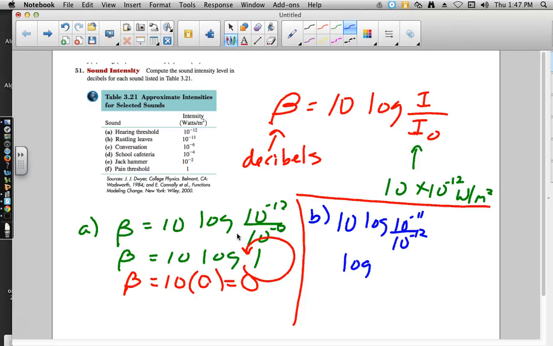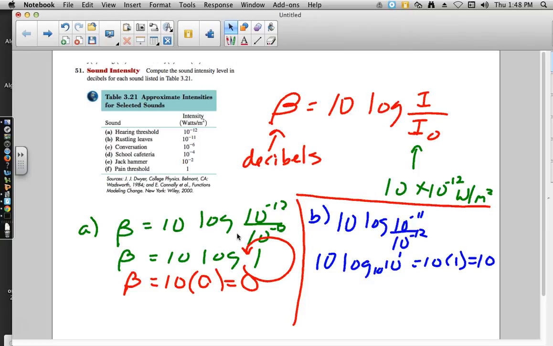So negative 11 minus a negative 12 will actually be plus 12. So we have 10 logarithm of 10 to the first. And if you snail shell this, or just think for a second, wait a minute, that's an inverse, then that's going to be 10 times 1, which is 10. So for B, the rustling leaves, we would have 10.